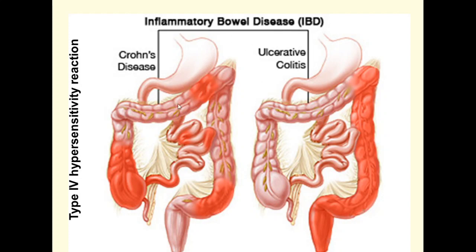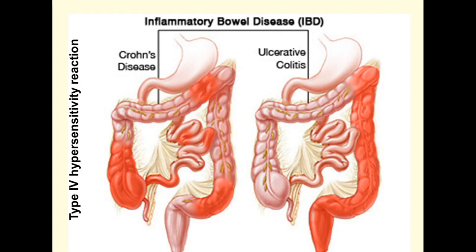That's why Crohn's disease affects different parts of the large intestine and could also affect the small intestine. Ulcerative colitis, on the other hand, usually affects the terminal part of the large intestine.